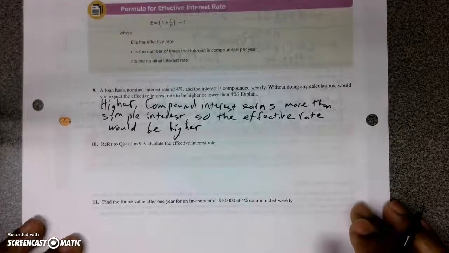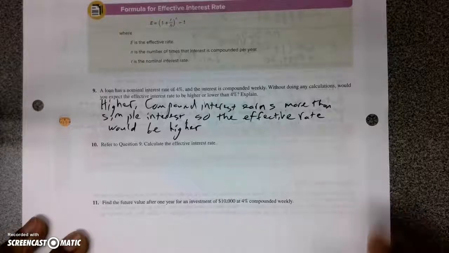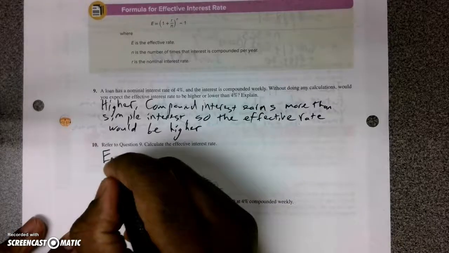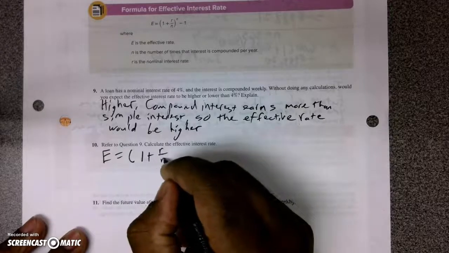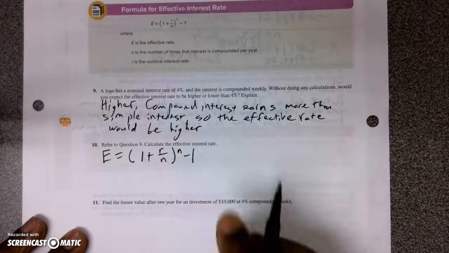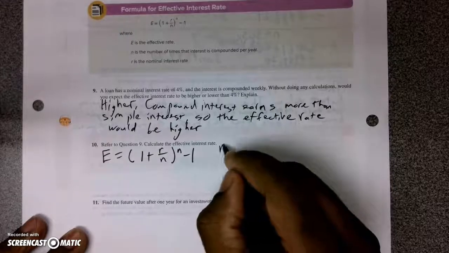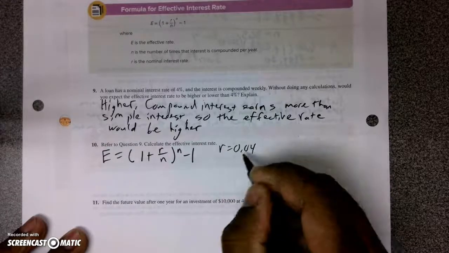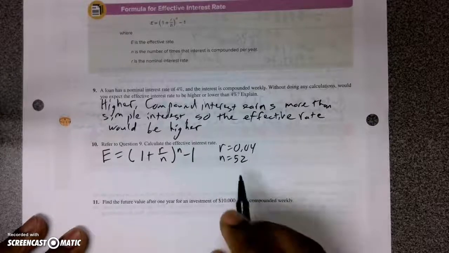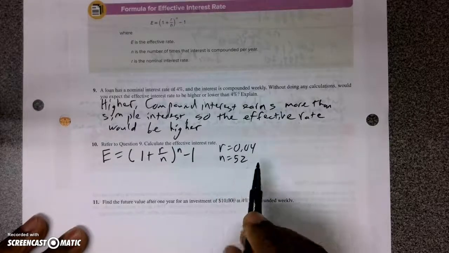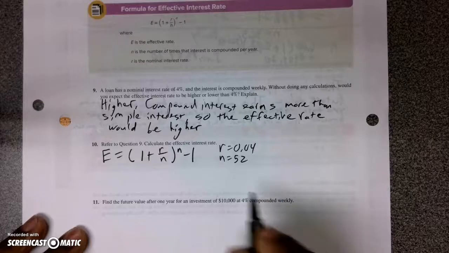It says here, refer to question 9 and calculate the effective interest rate. So we will have E is equal to 1 plus R over N to the N power minus 1. Where our rate is 0.04, which signifies the 4%, and N is equal to 52 because there's 52 weeks in a year, so it compounds weekly.